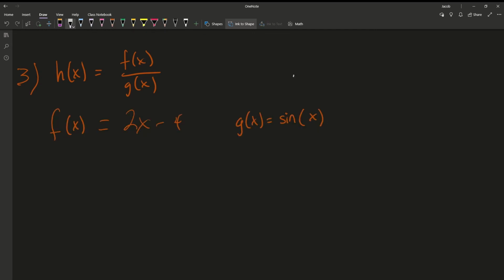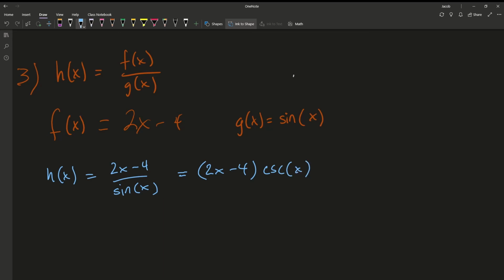So with this composition of functions, h of x is equal to 2x minus 4 over sine x. So this is basically 2x minus 4 times cosecant x.